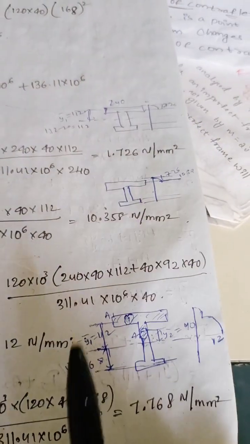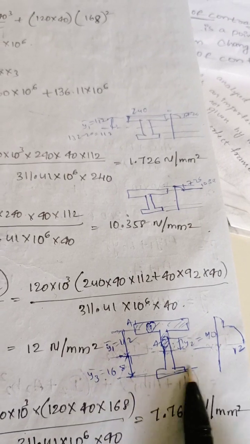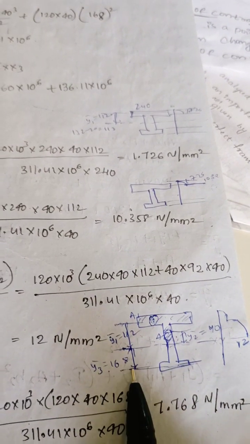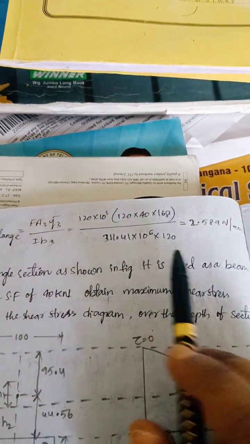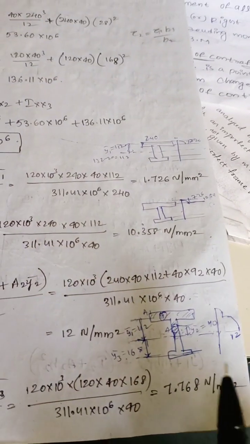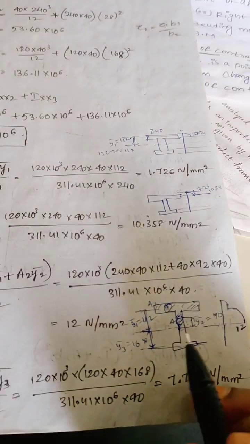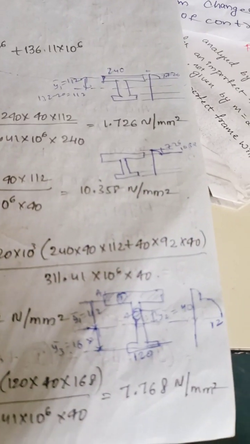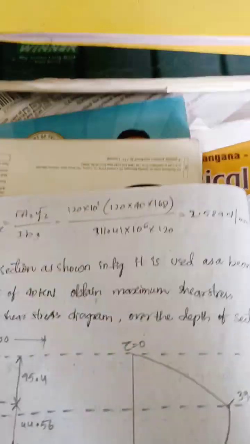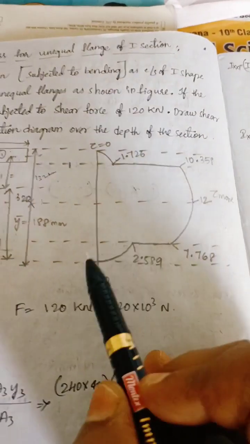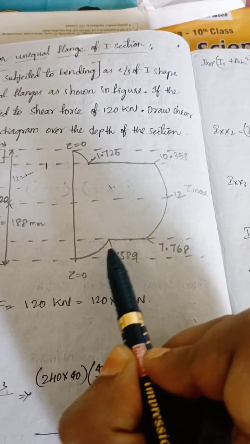Y3 is the distance between the overall neutral axis and the neutral axis of this third portion, 168. I we know, and b3 is 120. So we'll get 2.5 Newton per mm square. So this value is 2.5 Newton per mm square.